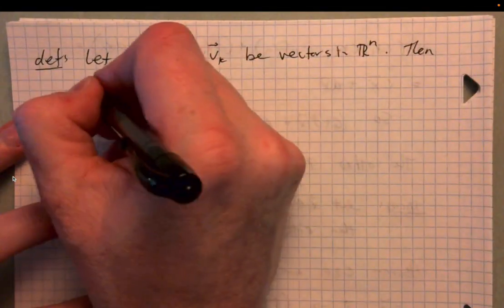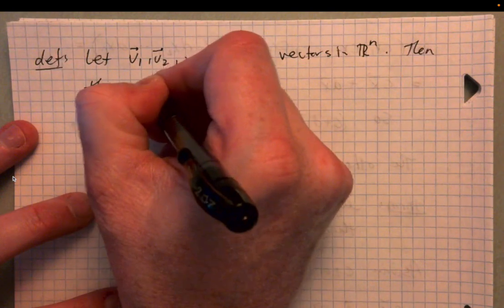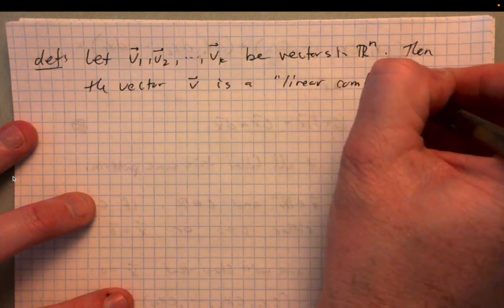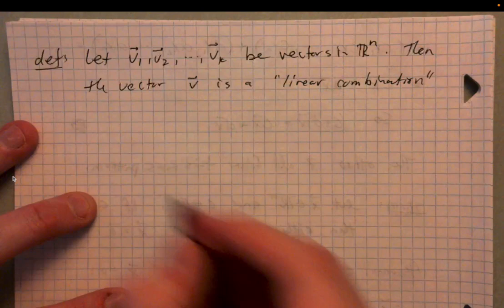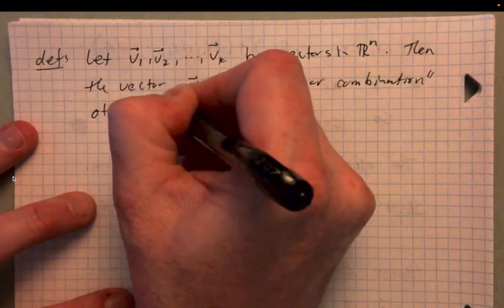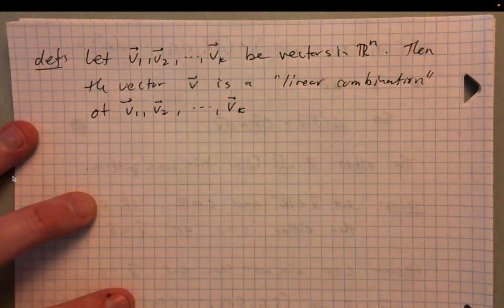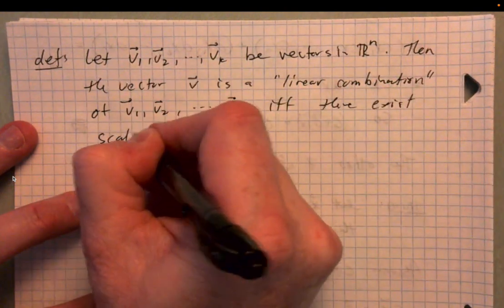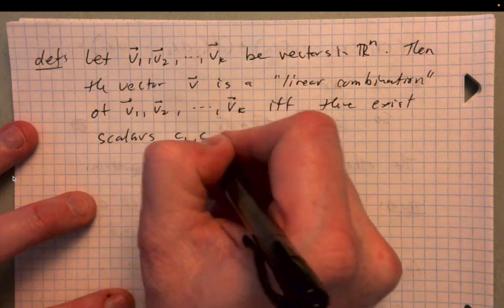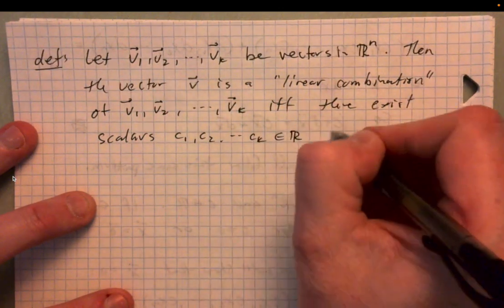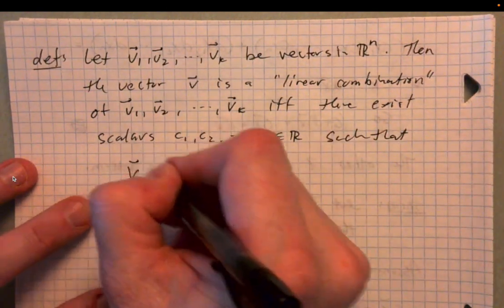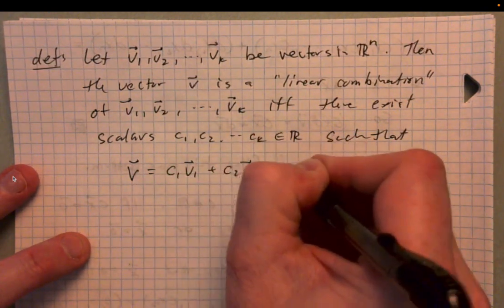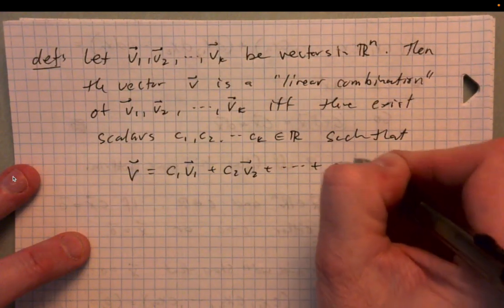Then we say the vector v is a linear combination of v1, v2, ..., vk if and only if there exist scalars c1, c2 through ck in R such that the vector v is equal to c1 times v1 plus c2 times v2 plus ... plus ck times vk.